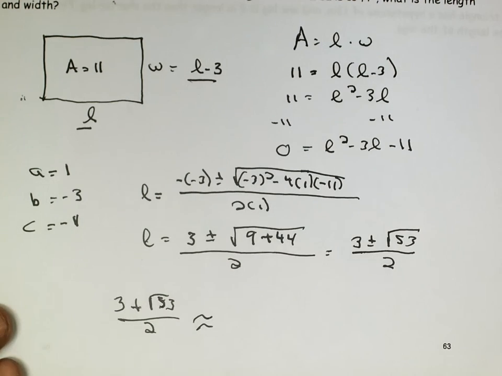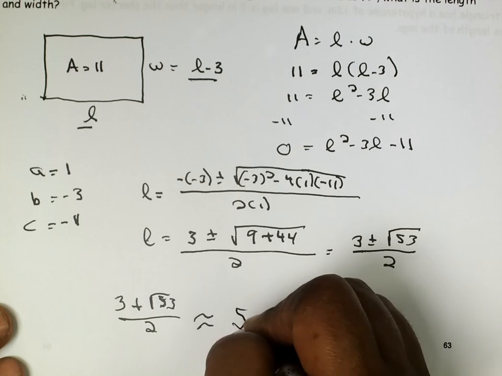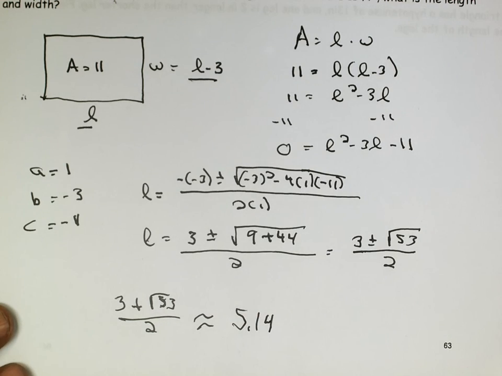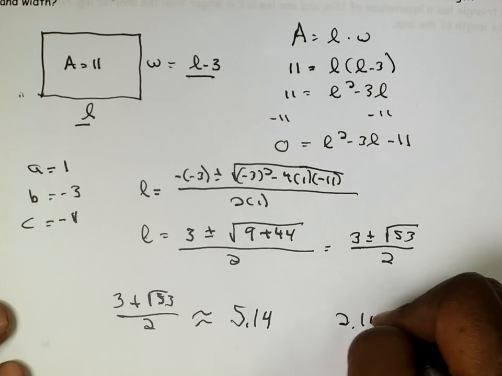Or I can plug that in my calculator. So 3 plus square root of 53, and then divide that by 2, and to the nearest hundredth is 5.14. And then, so that's the length, and the width would be 3 less than that, so 2.14 would be the width.